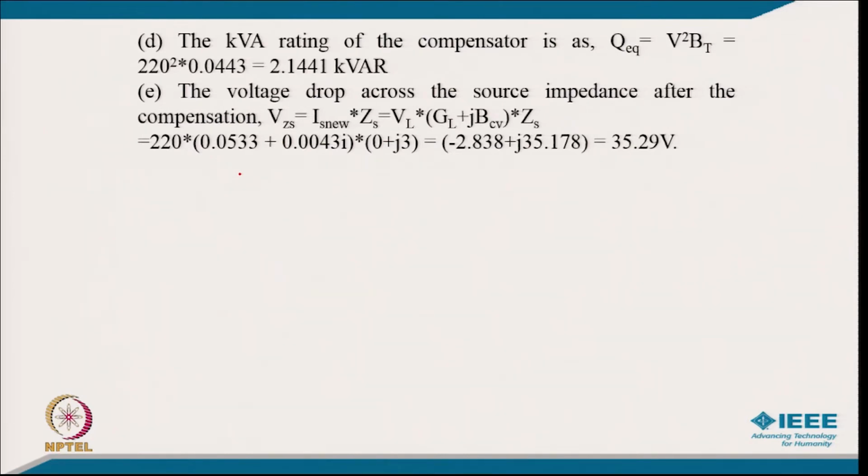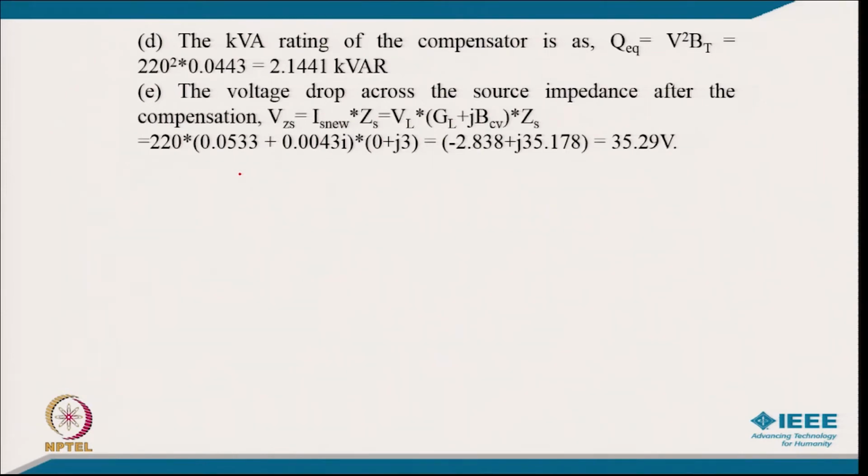I mean, that much capacitor, if you connect it, then you will get a 0 voltage regulation. The voltage drop across the source impedance after the compensation we can find out: Is new into Zs, and that Is new is nothing but VL into GL plus jBV. This is the equivalent admittance of the load plus compensator.